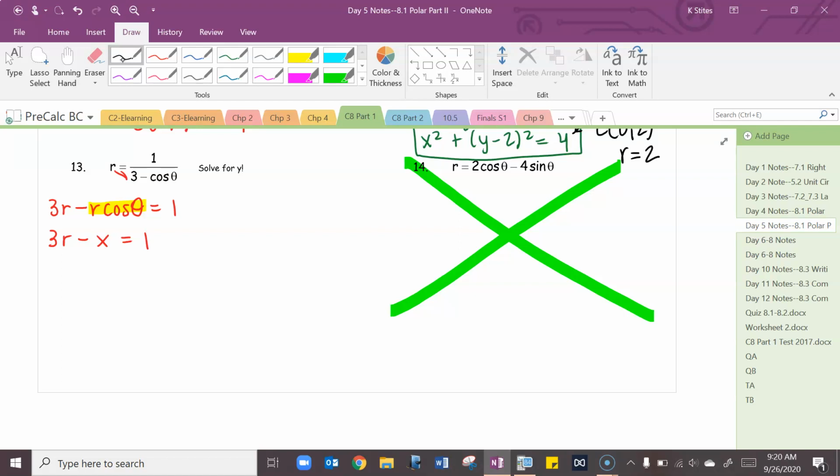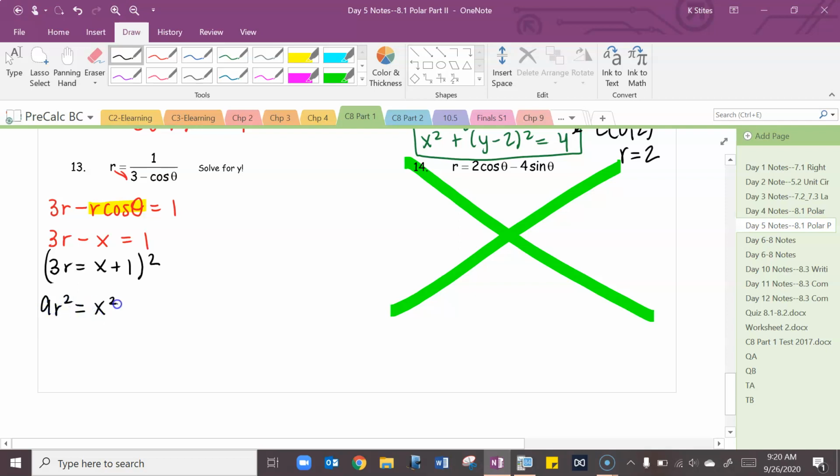In order to get a y, we're going to have to get an r squared, because r squared becomes x squared plus y squared. So we will need to square both sides. It will be easier, however, if you move over your x first and then square both sides. So now this will become a 9r squared.